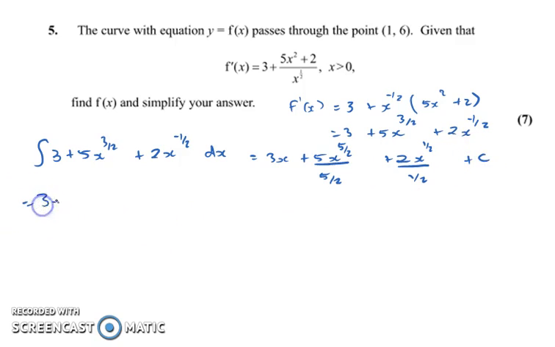Simplifying it, we get 3x, add 2x to the 5 over 2, add 4x to the half, add c.